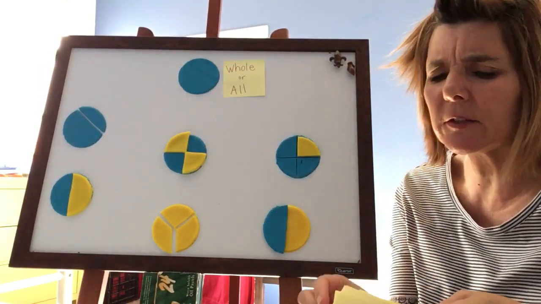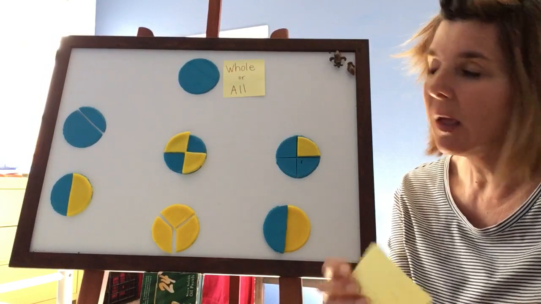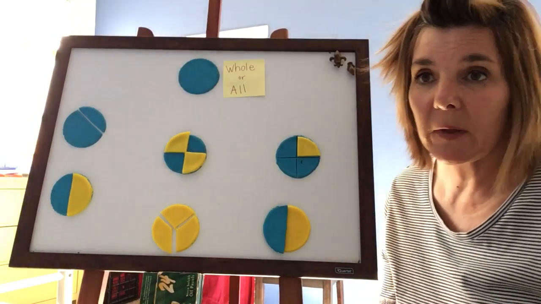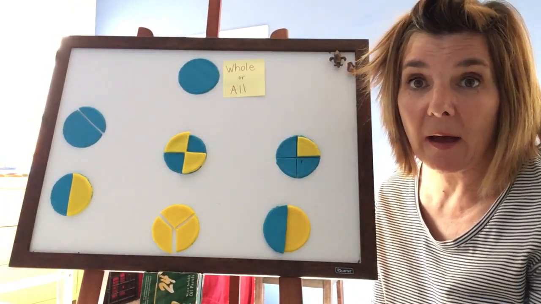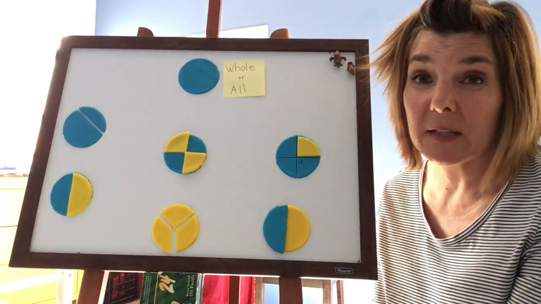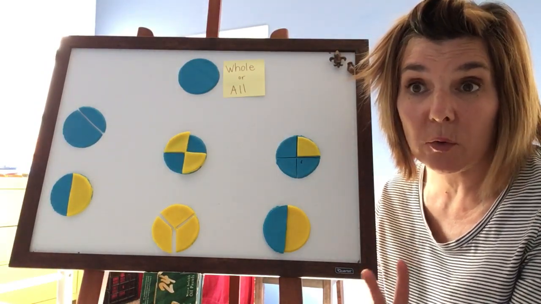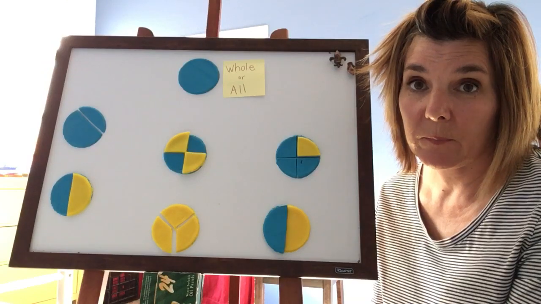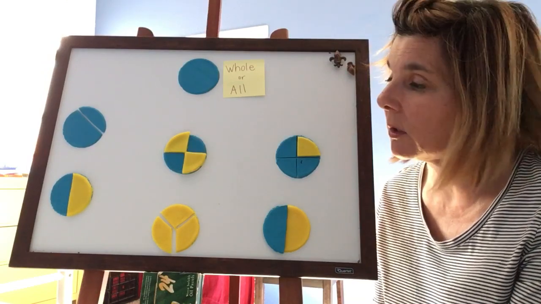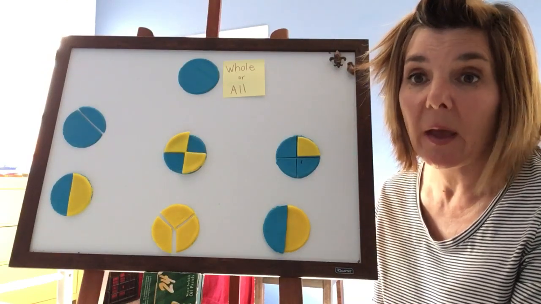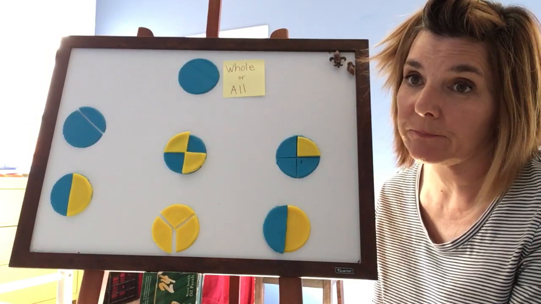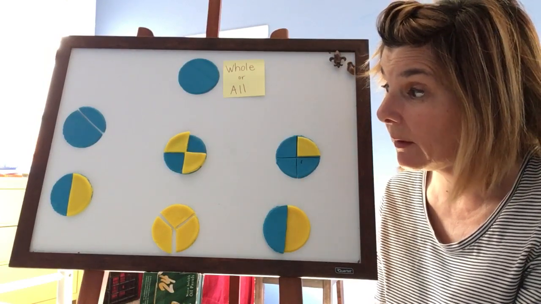All right, let's try a little harder one. Can you find a shape that has two halves? It has equal parts and there's two of them. And I'll give you another clue. One part is blue and one part is yellow. Do you see two of them on there?